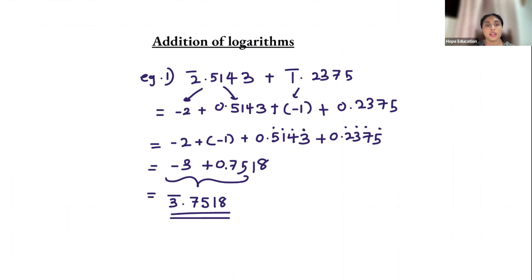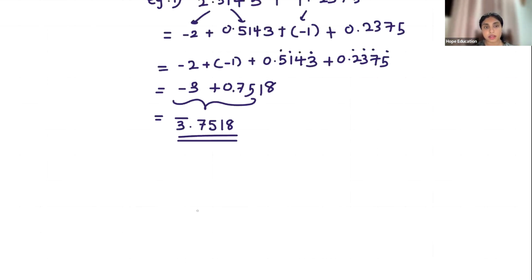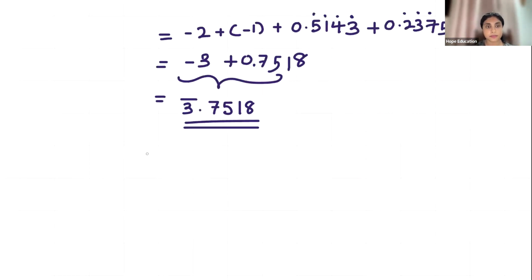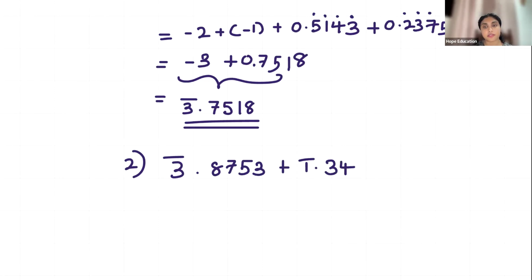Okay. Let's do one more example, and at the end I will give you time to write both of these. Bar 3.8753 plus bar 1.3475.